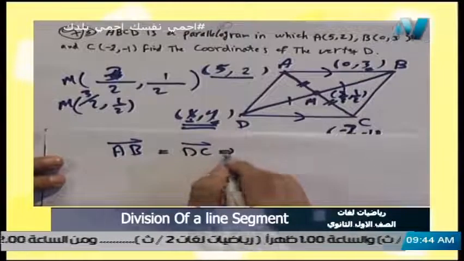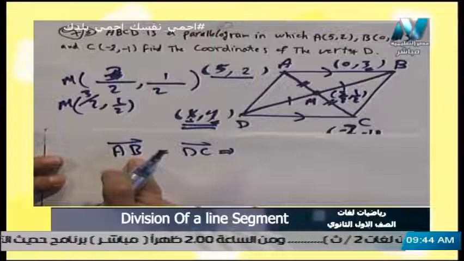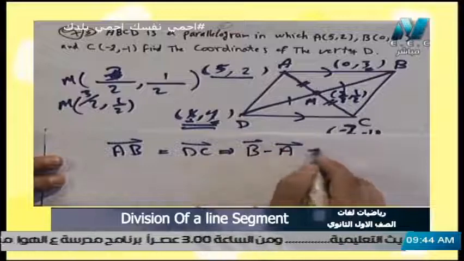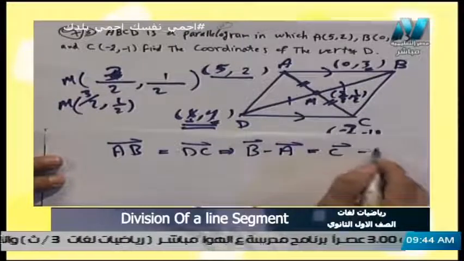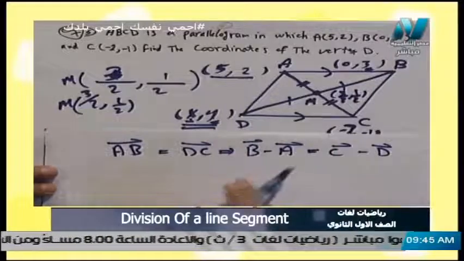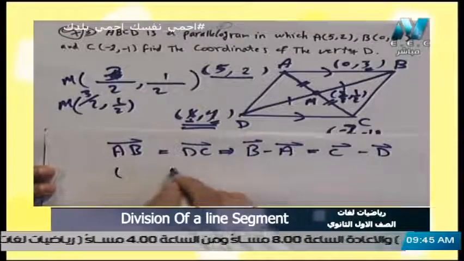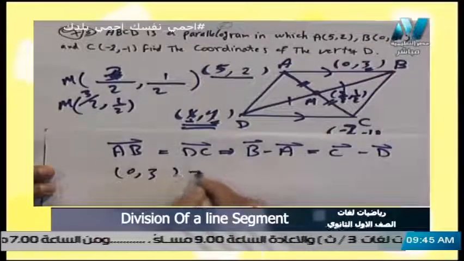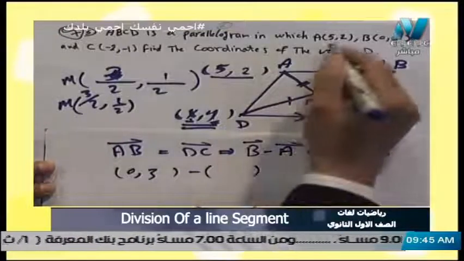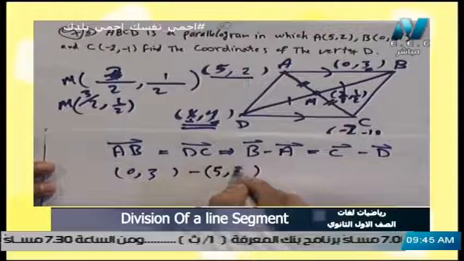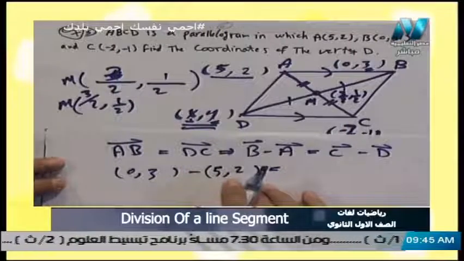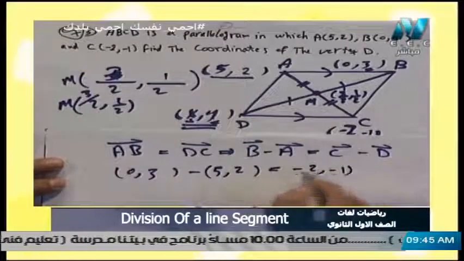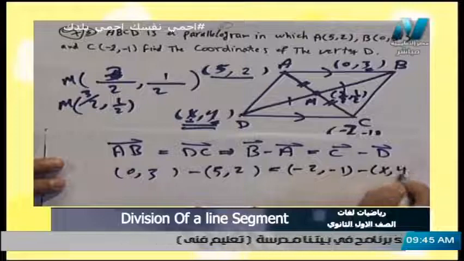And we know that the vector AB, if we would like to find the line segment AB, we put here the vector B minus vector A equals DC, which means C minus D. B here is 0 and 3, minus A, which is 5 and 2, equals C, which is negative 2 and negative 1, minus D, which is x and y.